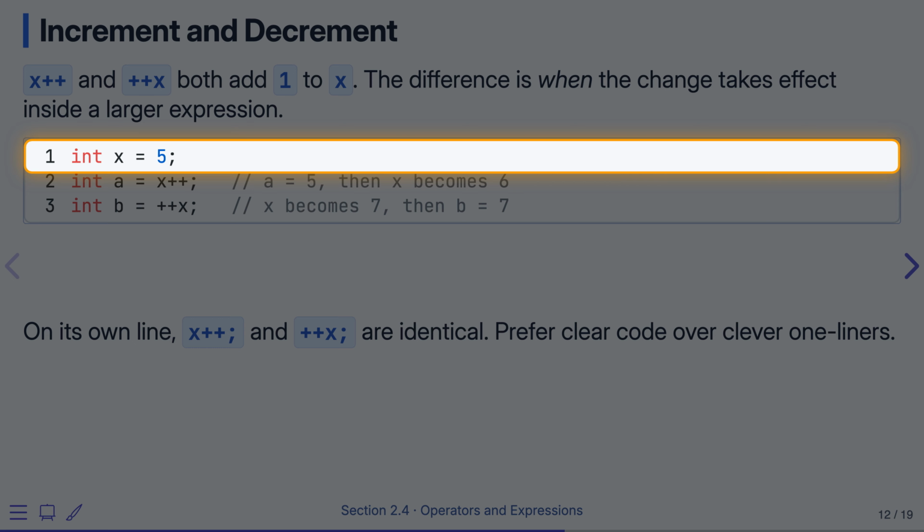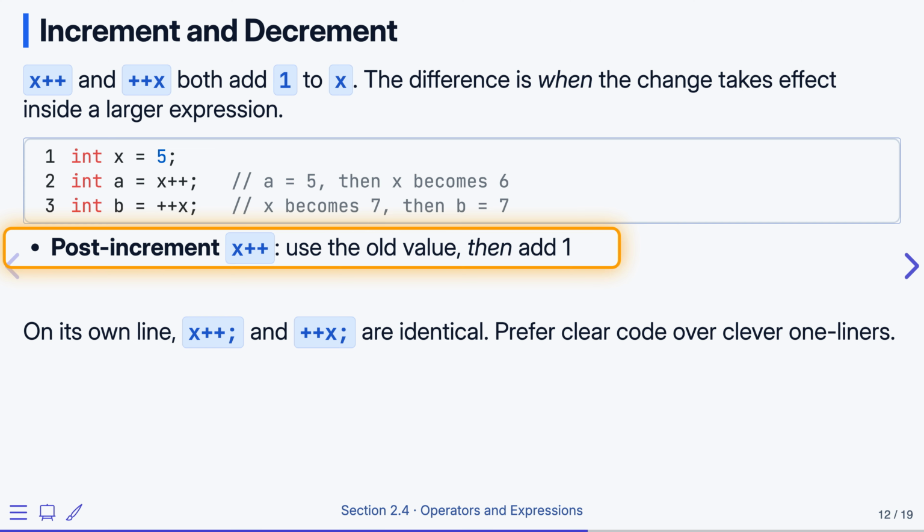C has increment and decrement operators. Both x++ and ++x add 1 to x. The difference is about timing, and it only matters inside a bigger expression. Let's trace it. x starts at 5. Post-increment, written x++, returns the current value first, 5, and then bumps x up to 6.